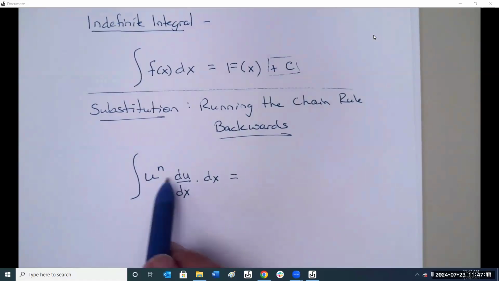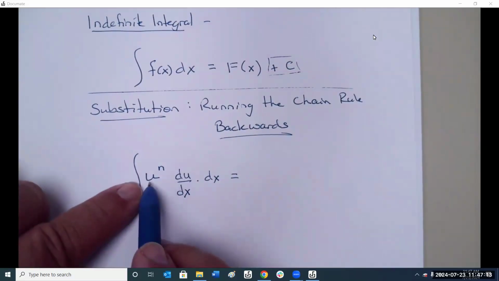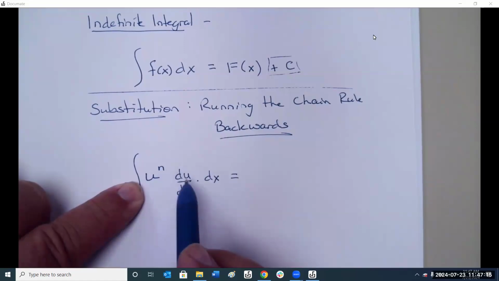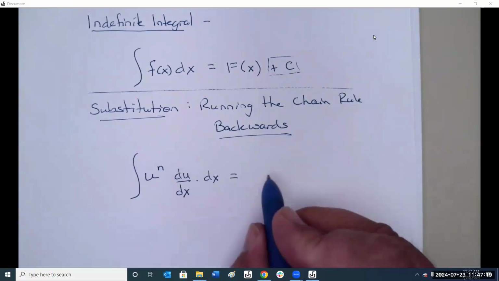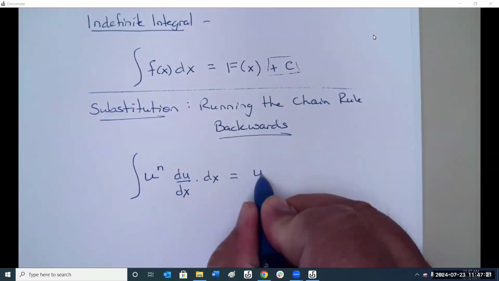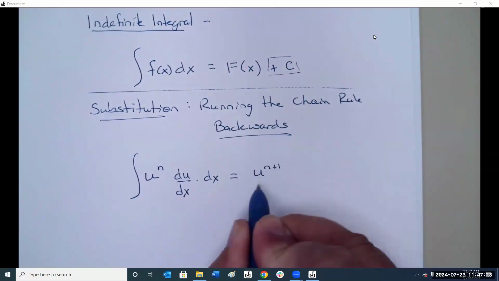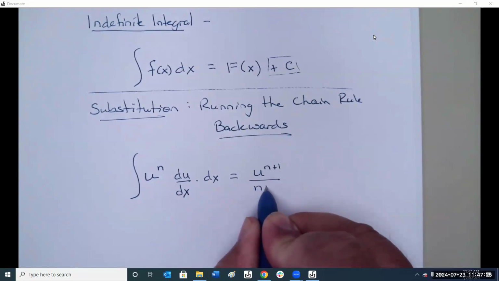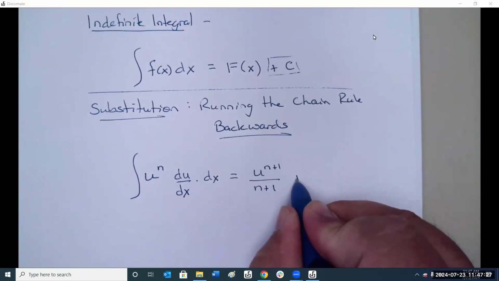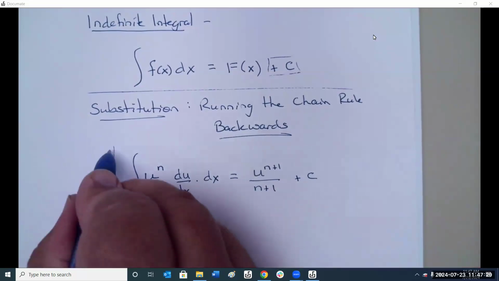So once it matches this condition here, whatever your u is, whatever power, du dx, and there's a derivative of it, then we know it's going to be u to the n plus 1 over n plus 1 plus c. There's our first rule.